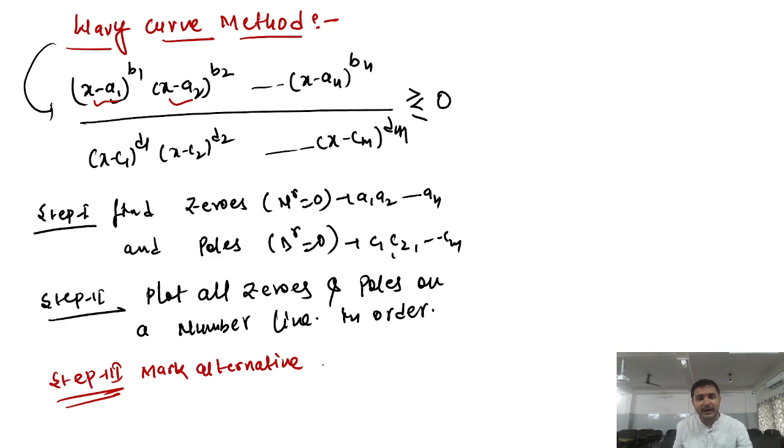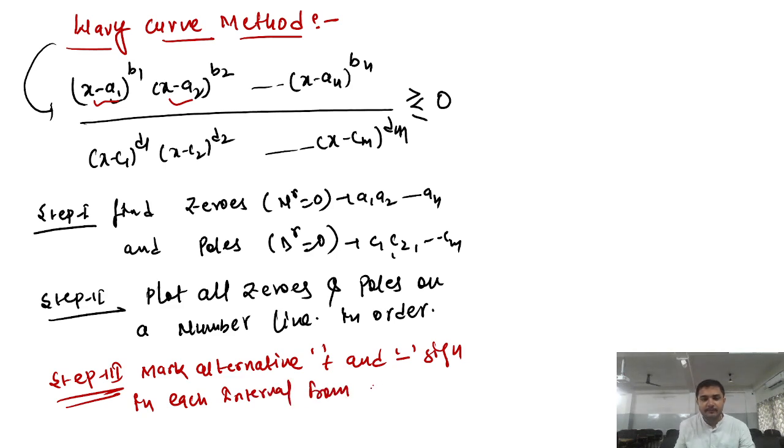Mark alternate plus and minus signs in each interval, from the extreme right.